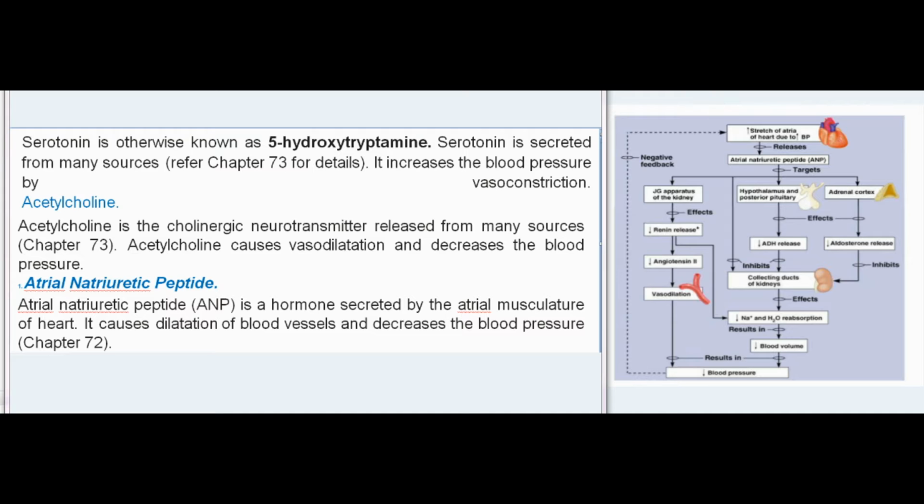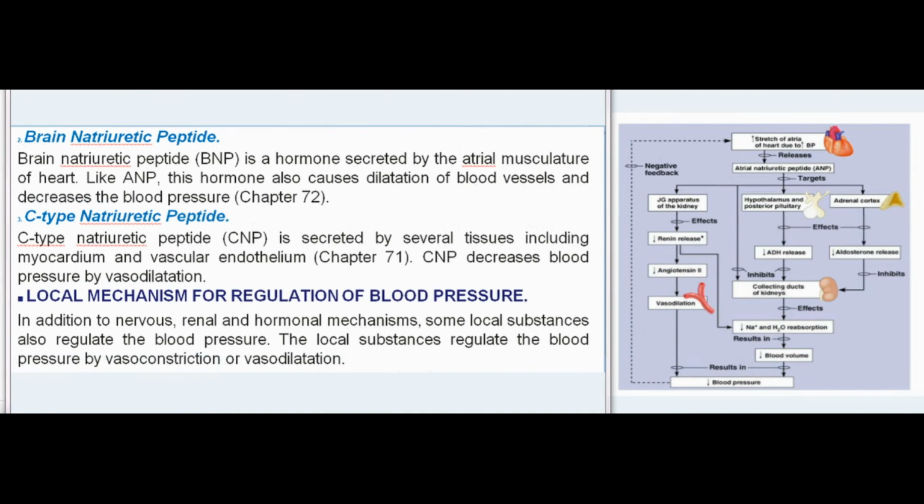Atrial natriuretic peptide. Atrial natriuretic peptide, ANP, is a hormone secreted by the atrial musculature of heart. It causes dilatation of blood vessels and decreases the blood pressure, Chapter 72. Brain natriuretic peptide. Brain natriuretic peptide, BNP, is a hormone secreted by the atrial musculature of heart.